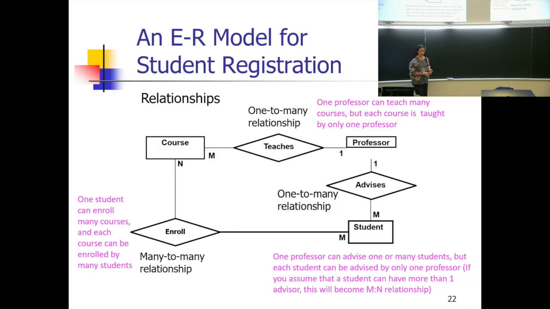We have one-to-one, one-to-many, many-to-many relationships. One-to-one, each instance of one entity corresponds to just one instance of another entity. Or one-to-many, when, for example, you have one instance of one entity relevant to many instances of the other entity.